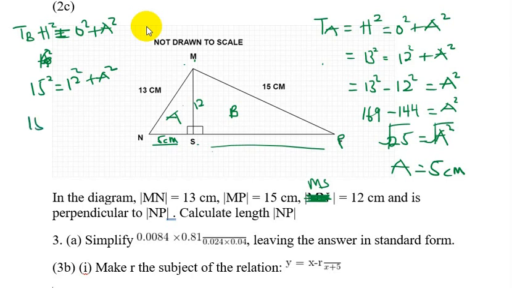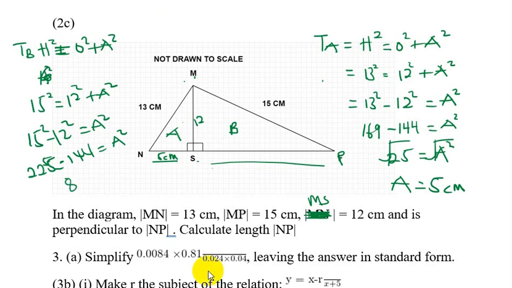So we get 15 squared minus 12 squared equals a squared. 15 squared is 225 minus 144 equals a squared. That gives us 81 equals a squared.